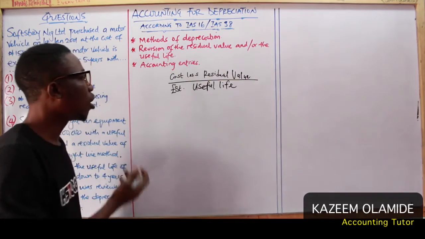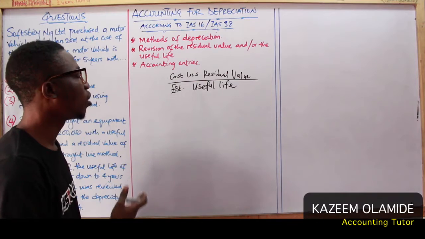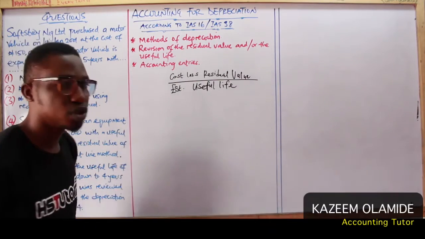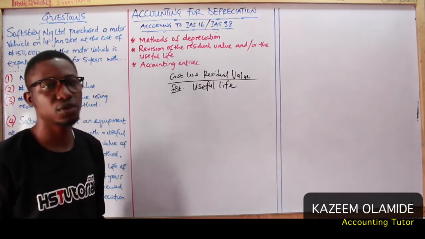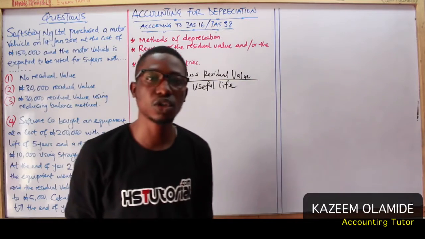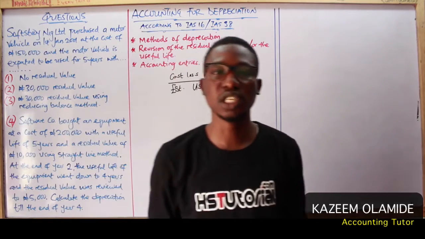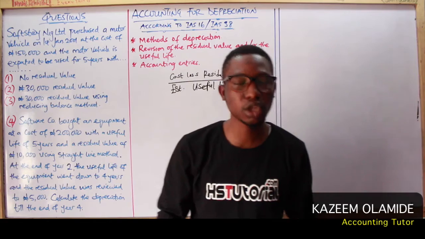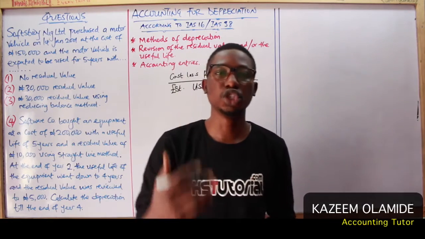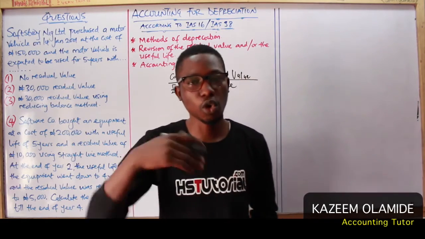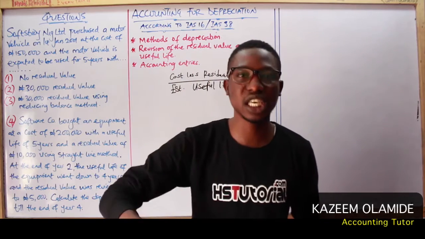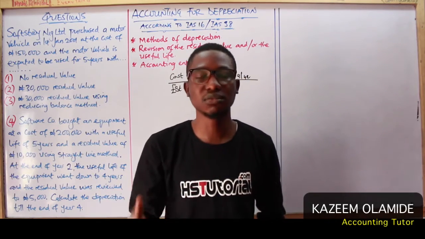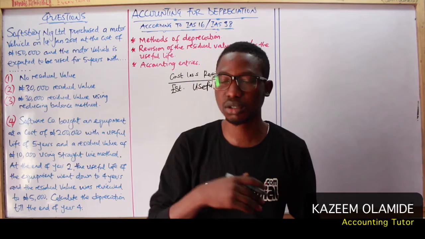So now let's move towards explaining the methods of depreciation. We have several methods of depreciation. We have the straight line method, and we have the diminishing method, which you can as well call the reducing balance method. You also have the sum of the year digits, the depletion method, the revaluation method, and so on.